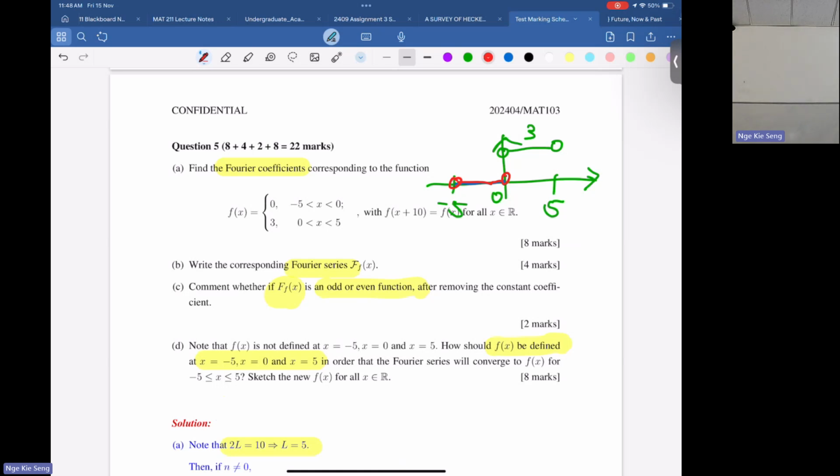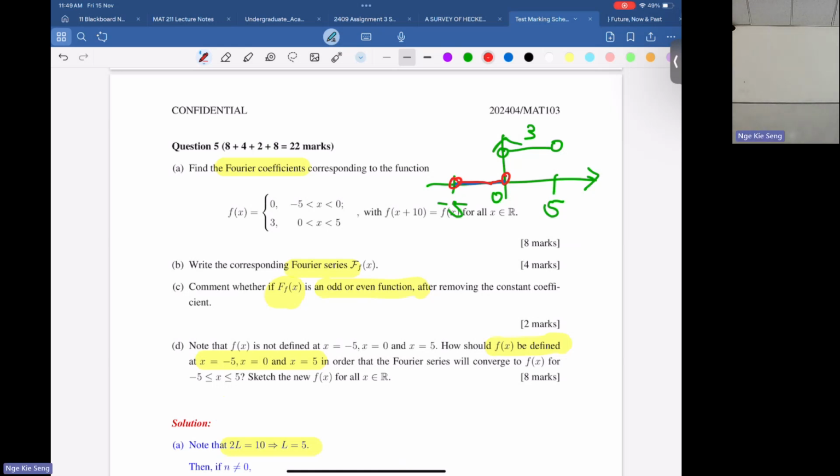The Fourier series will converge to f(x) at those points. So how should I define f(x) at these points, such that the Fourier series converges to f(x) there? It means they must be equal, so the question is: what value does the Fourier series take at this point?